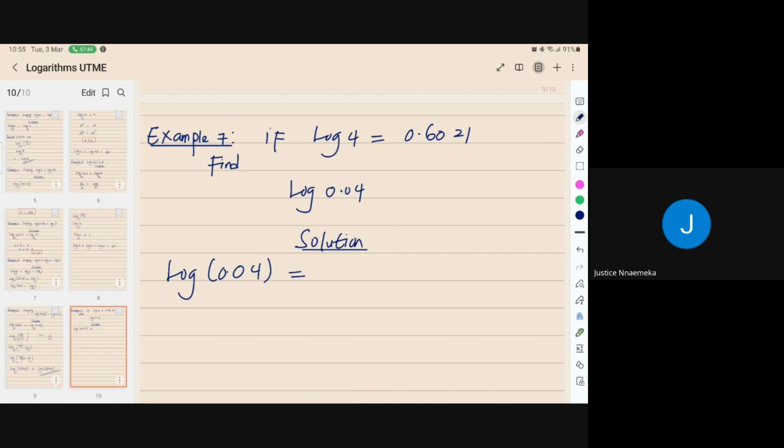It's the same thing as saying log 4 all over 100. If you agree, give me a thumbs up. Log 4 over 100, right?